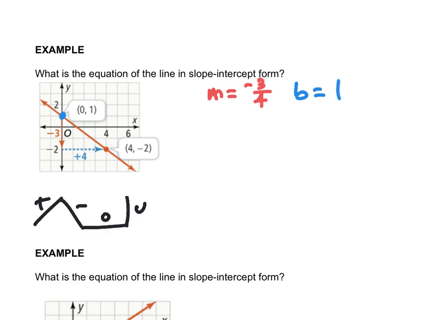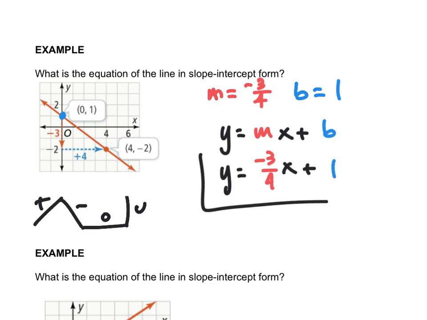So once I have that information, I can write my equation in y equals mx plus b form. And I can then write this as y equals negative 3/4 x plus 1. And that's our answer. All right, so just being able to look at this graph and do that is what we want to see, okay?